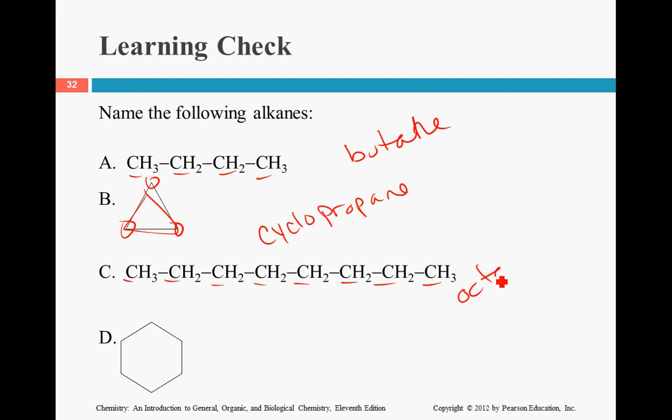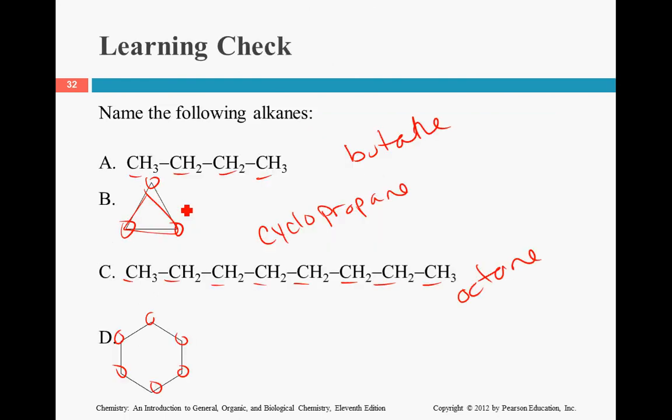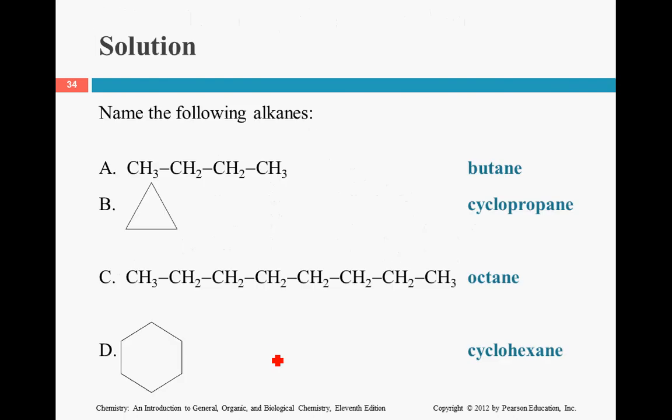That becomes octane. And 1, 2, 3, 4, 5, 6. 6 is hex. So that becomes hexane. They're all in a circle here, all bonded together. So that means it's cyclohexane. And that is the beginning of alkanes.